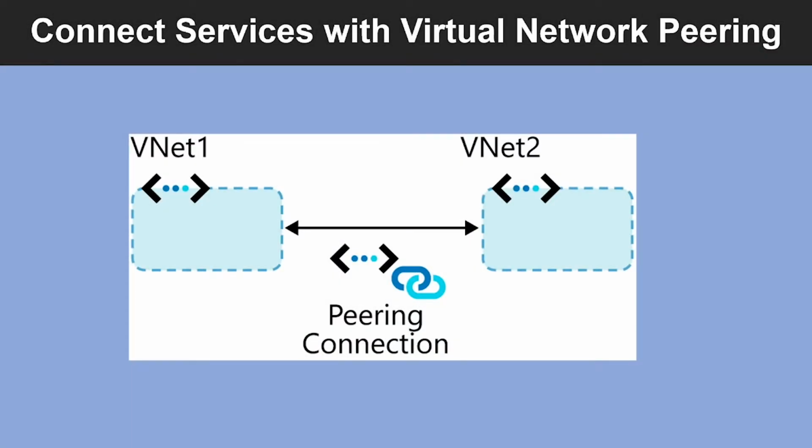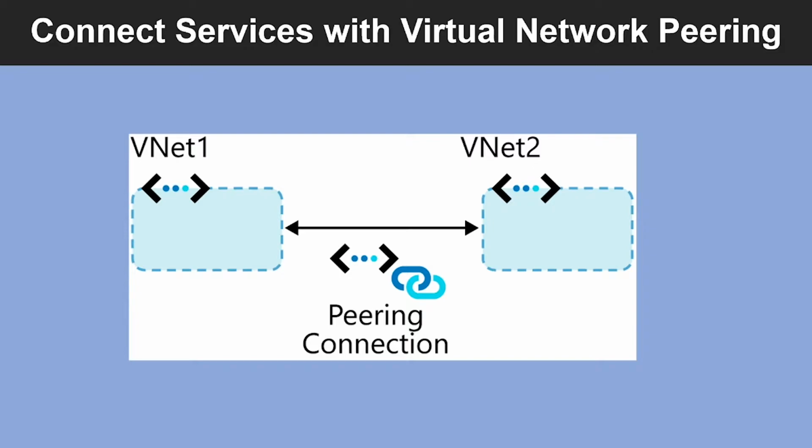All right, so first, let's understand how you can connect services with virtual network peering. You can use virtual network peering to directly connect Azure virtual networks. When you use peering to connect virtual networks, VMs in these networks can communicate with each other as if they were in the same network.